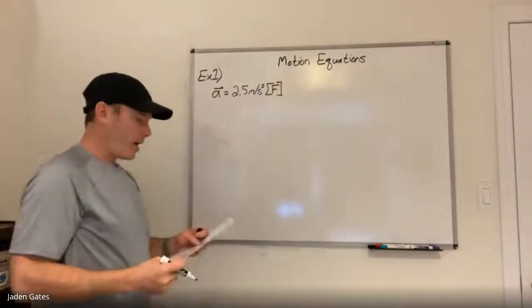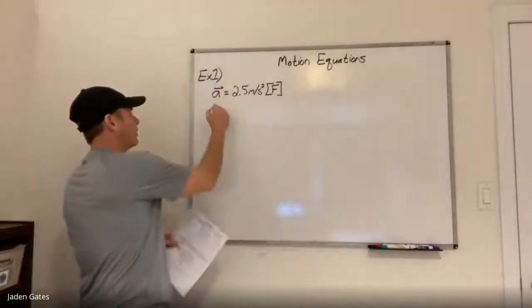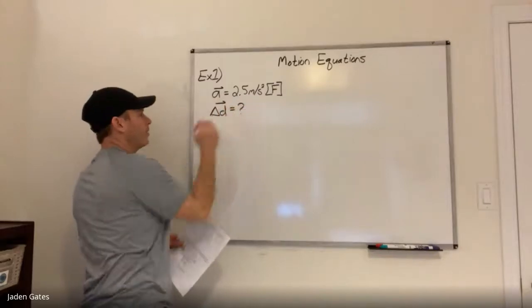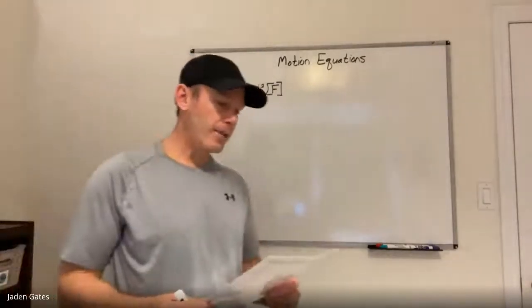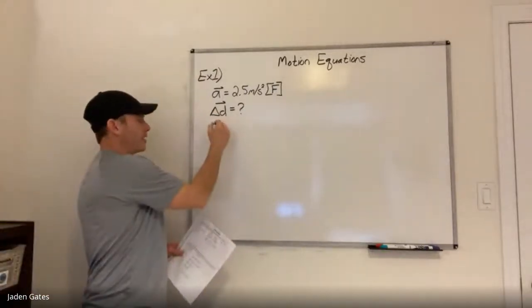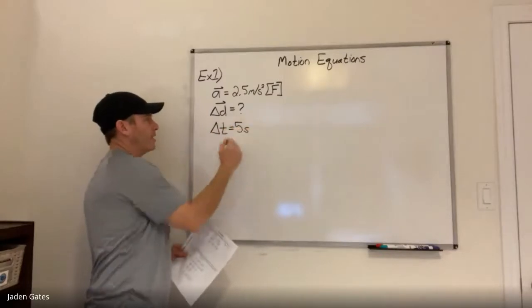How far? So right away, I'm looking for my delta D. Has the skater traveled after 5 seconds? So delta T, or T, they're the same thing, is 5 seconds.